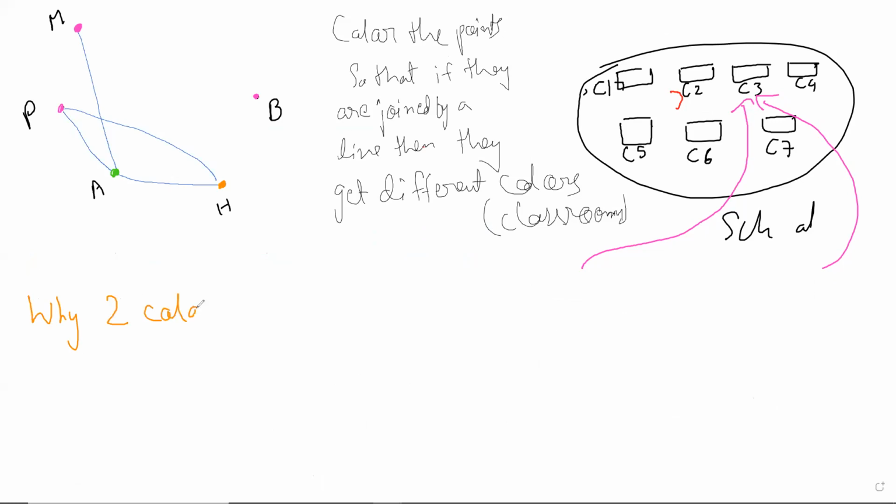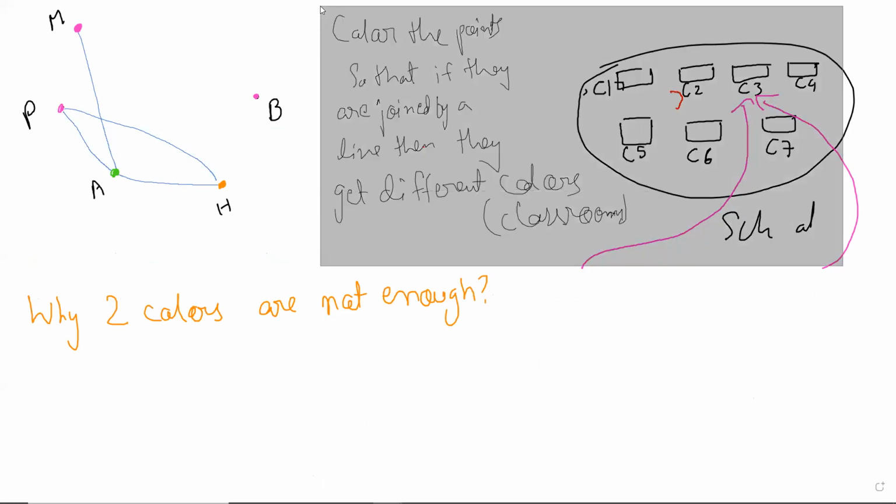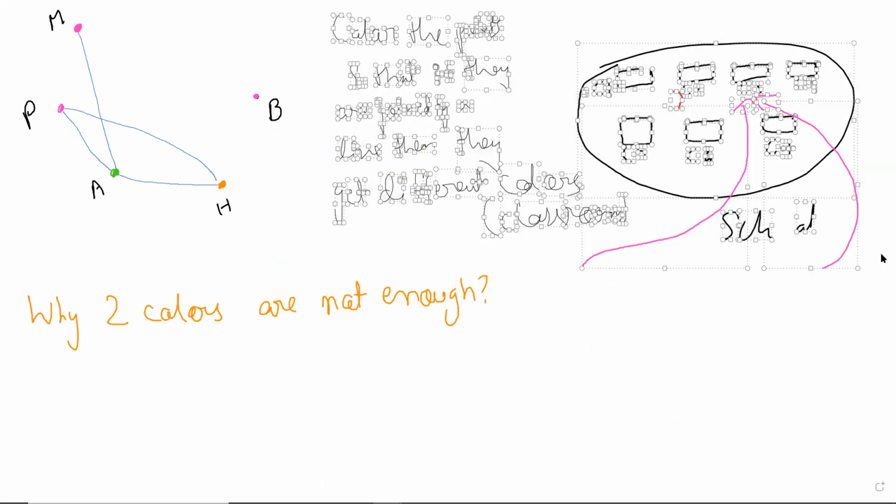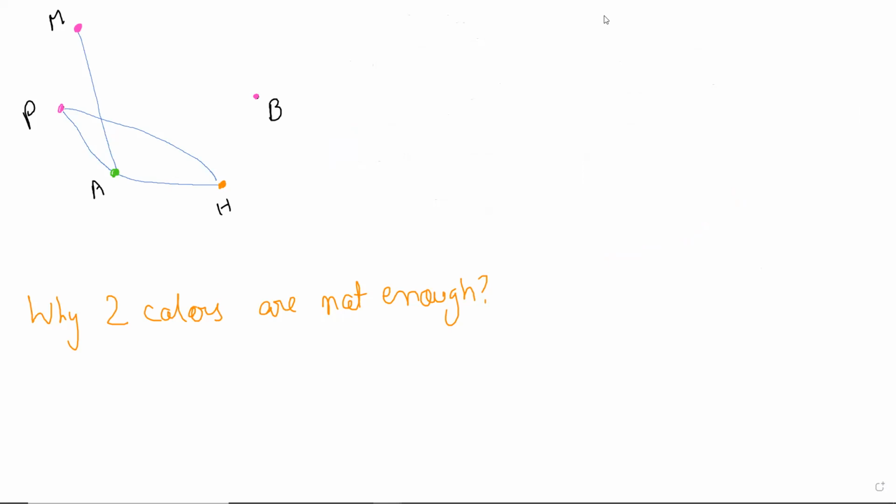So why are two colors not enough? Really, explaining these things becomes easier through this picture rather than the picture of classes and exact timings and so on.